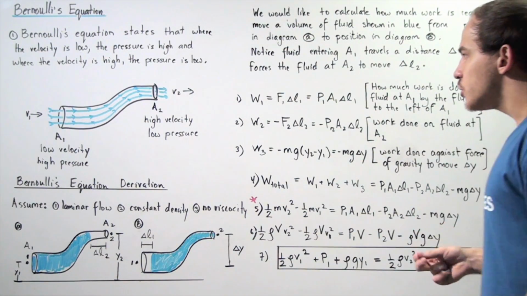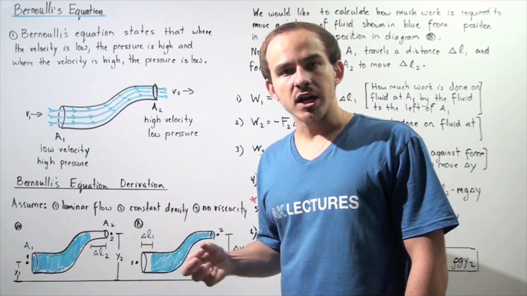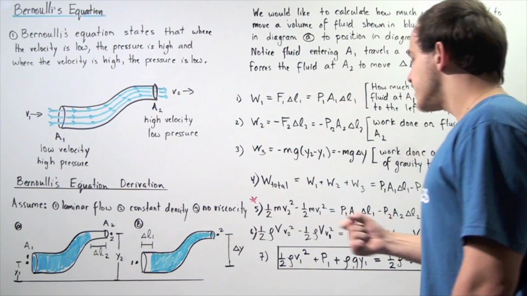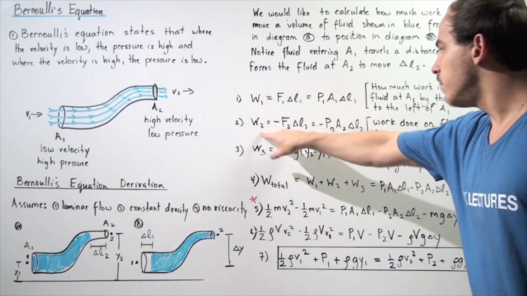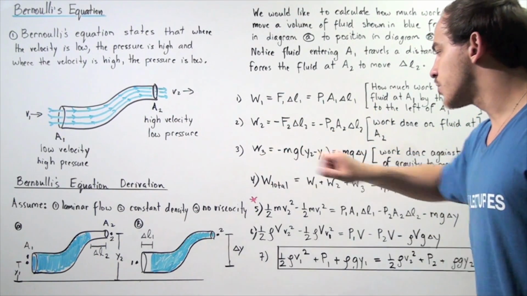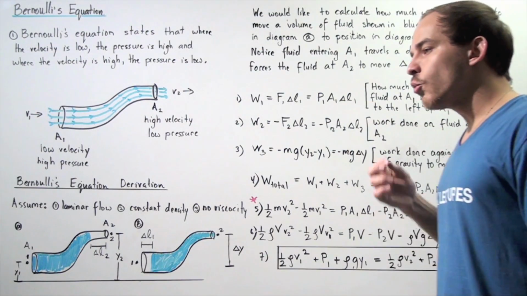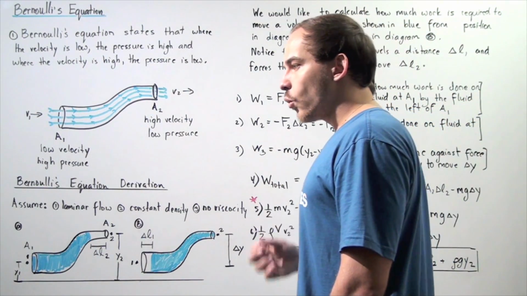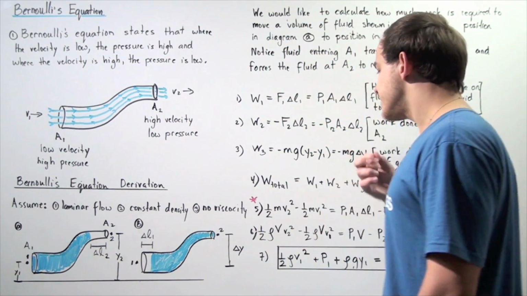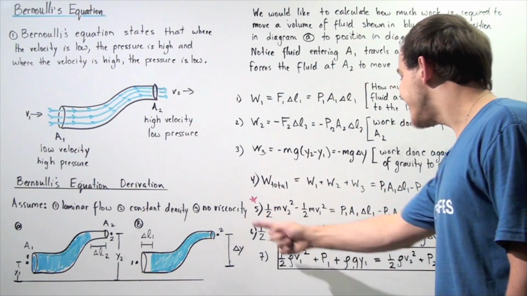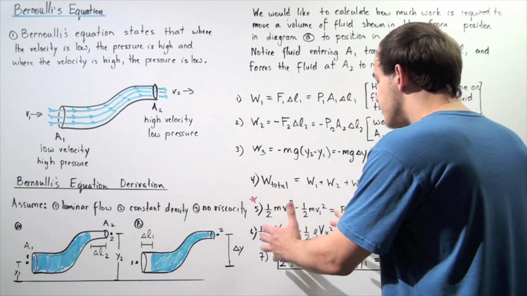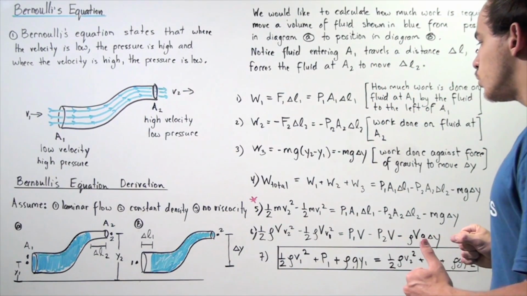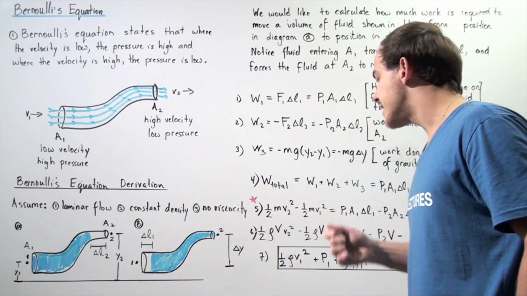Now, let's actually find the total work done. The total work is simply equal to W1 plus W2 plus W3. Now, recall the work-energy principle. The work-energy principle basically states that the change in kinetic energy of our system is equal to the work done on that system.